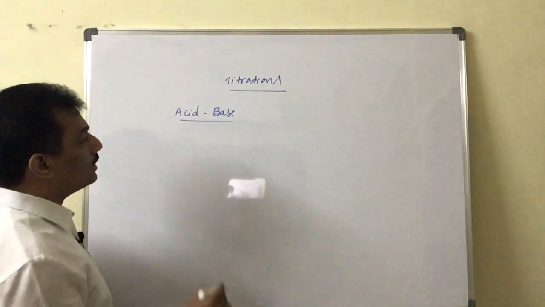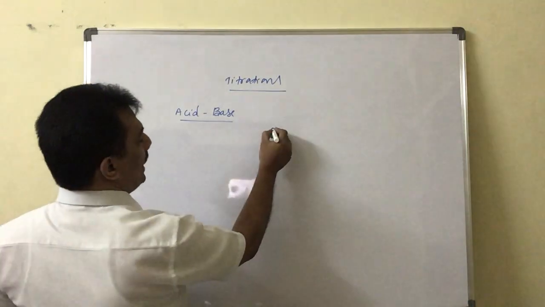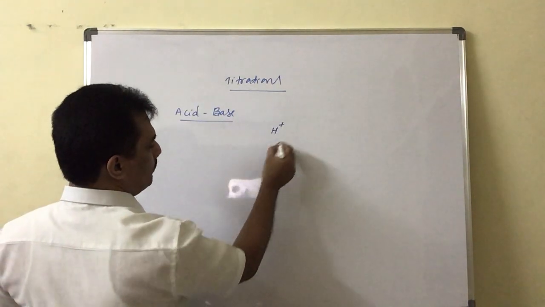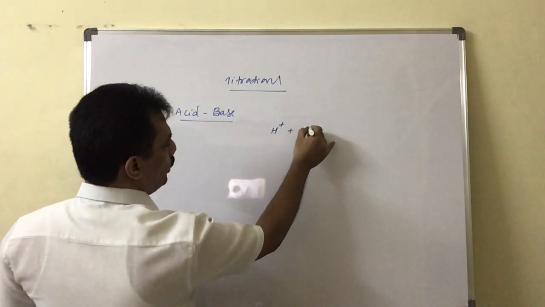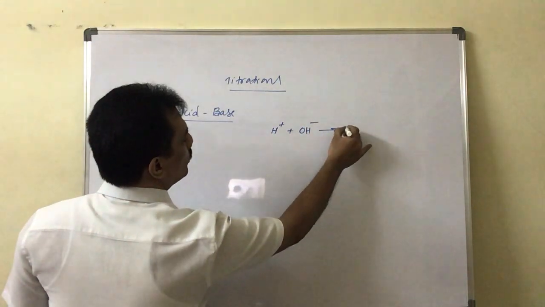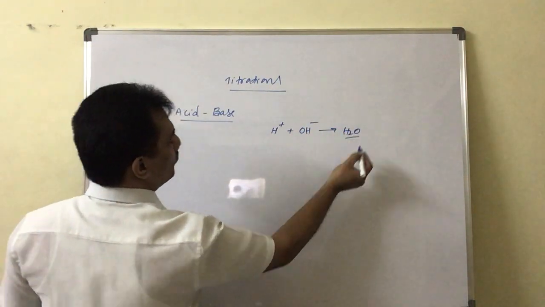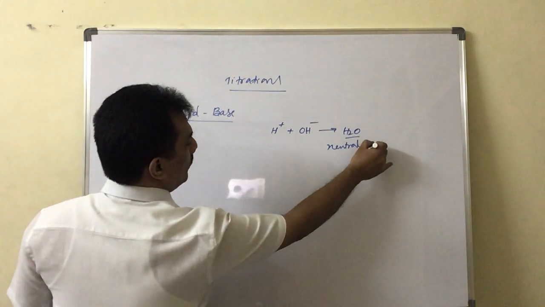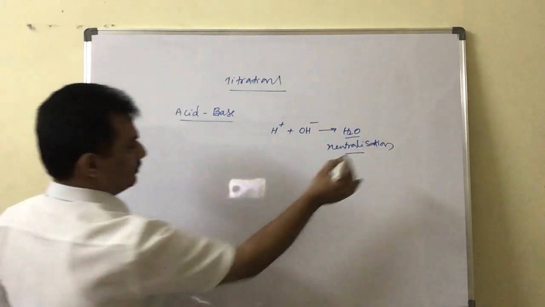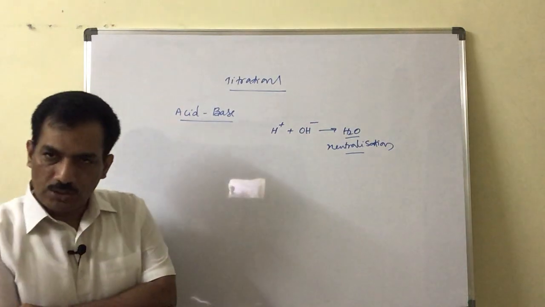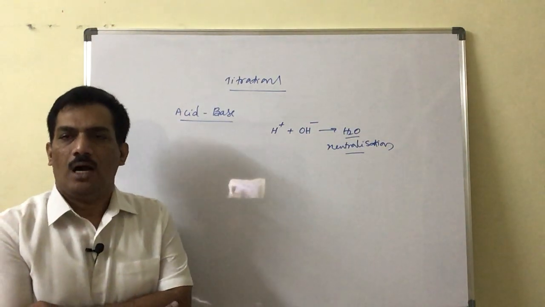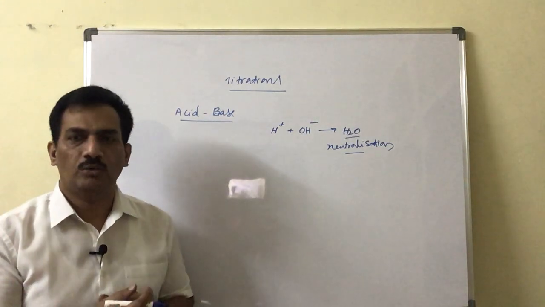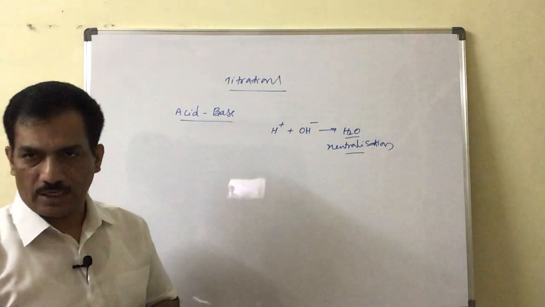In this titration, when acid reacts with base, H plus from the acid and OH minus from the base combine to give H2O. This is actually neutralization. Just remember, this is neutralization: the combination of H plus from acid and OH minus from base to give H2O is the exact neutralization.